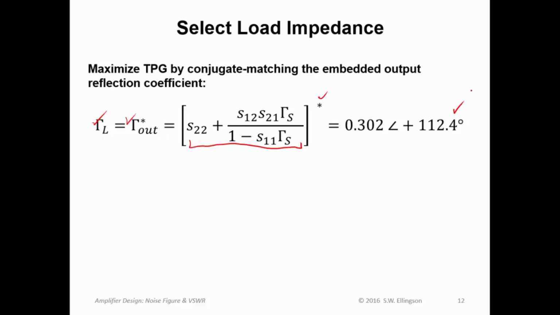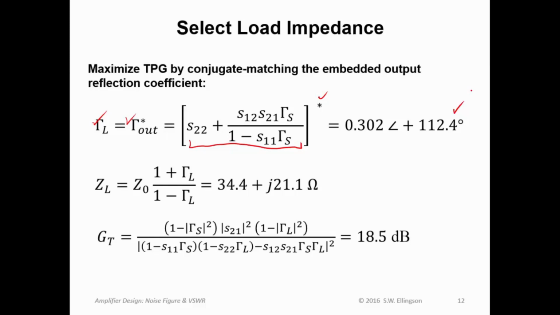So this should be the load reflection coefficient which maximizes now the TPG of this amplifier, given the source reflection coefficient that I've already chosen. I compute the load impedance. I get 34.4 plus j21.1 ohms. I compute the transducer power gain using the exact expression, and I get 18.5 dB.